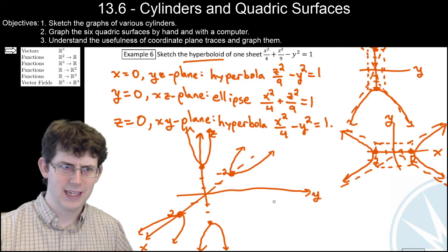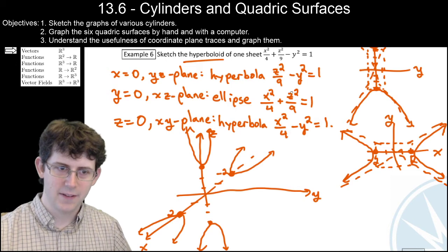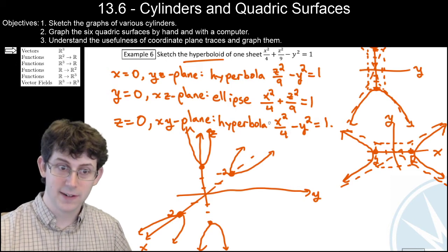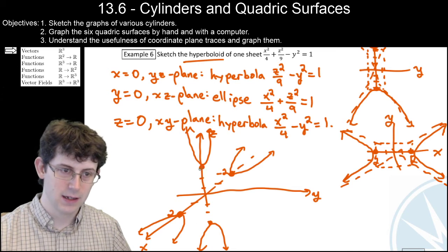Now, how are we going to connect these? Well, in the xz plane, I have x squared over 4 plus z squared over 9 equals 1, and that connects all of these points.